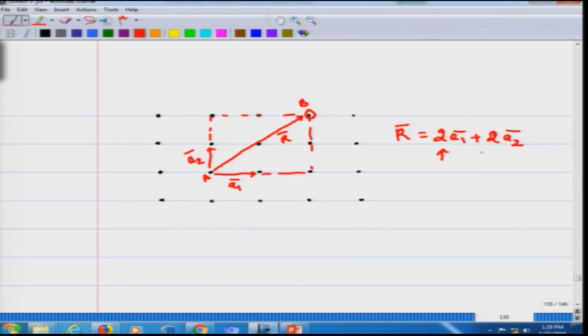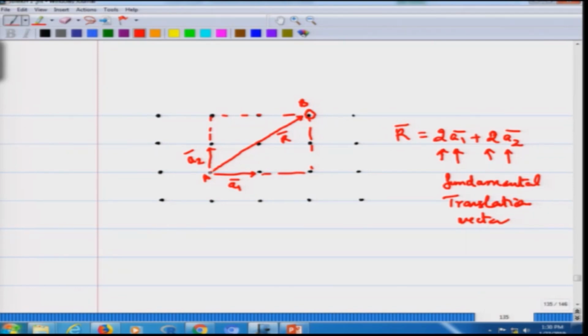So, these are 2 integers and A1 and A2 are called the fundamental translation vectors. So, I can reach any point in the lattice from any other point in the lattice by using this relation. And this is my translation vector. R is my translation vector because I can take you from one point in the lattice to another point when I apply this translation vector to it.